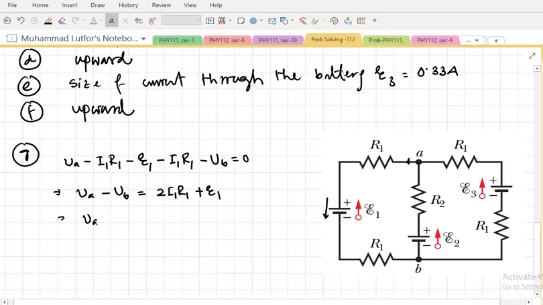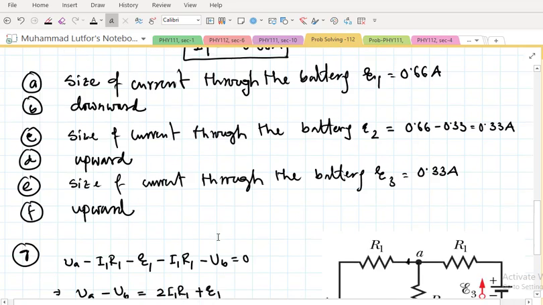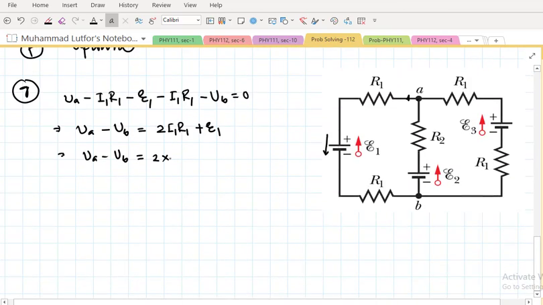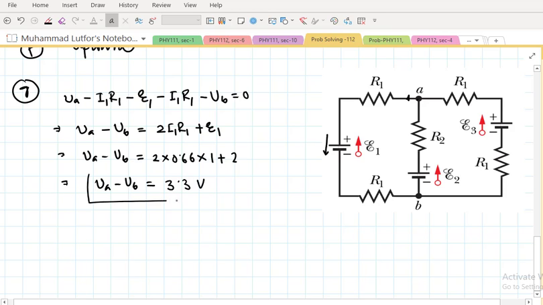So VA minus VB is 2 times I1, which is 0.66, times R1, which is 1, plus E1, which is 2 volt. If you solve, you will find VA minus VB is basically 3.3 volt. So this is the answer to number G.